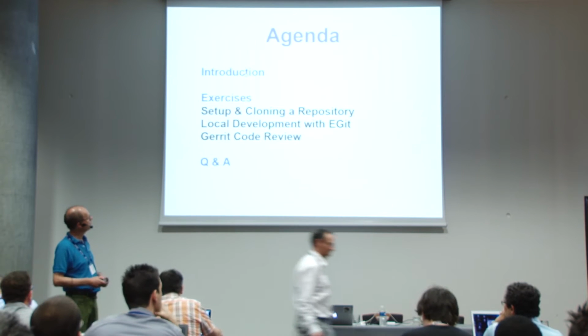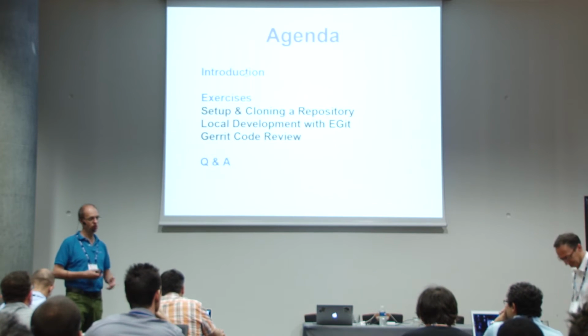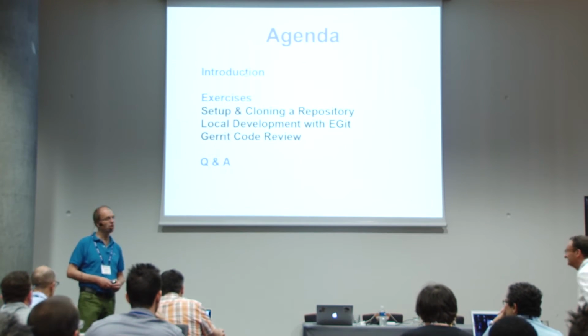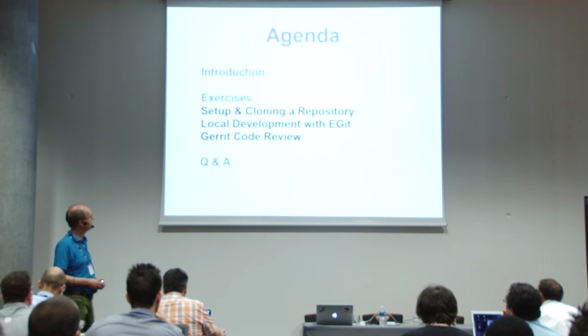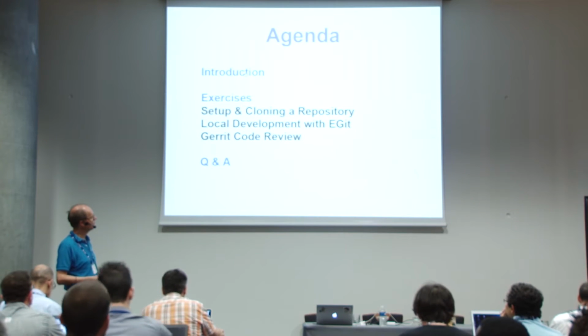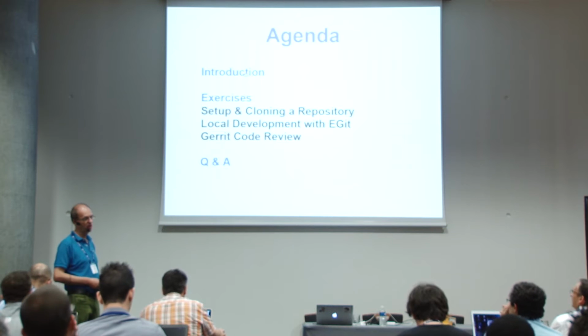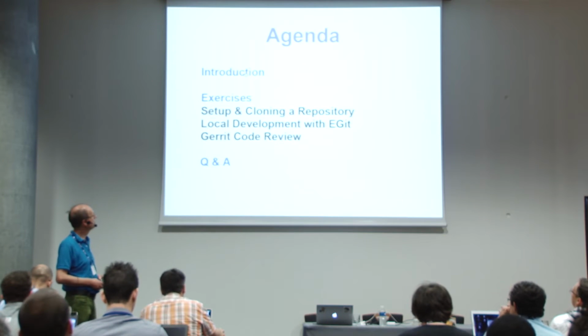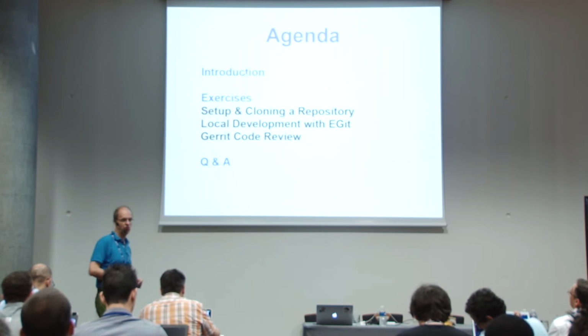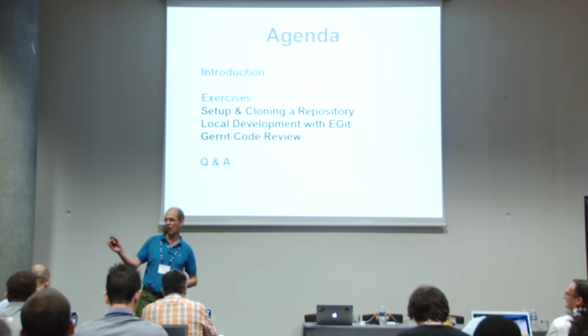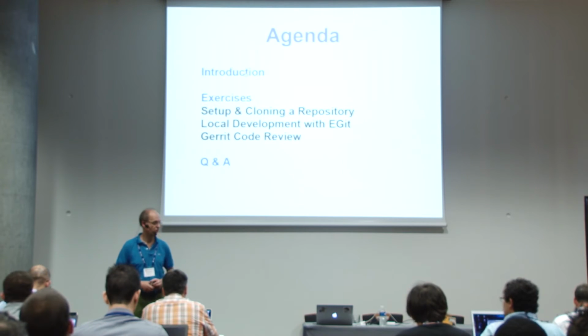And then in the first part, we do local development so that you learn how to use Git locally. In the second part, we will both learn how to push changes to a server and how to use Gerrit for code review. And of course, if you have questions, you can ask anytime, and Michael can also help if there are questions.